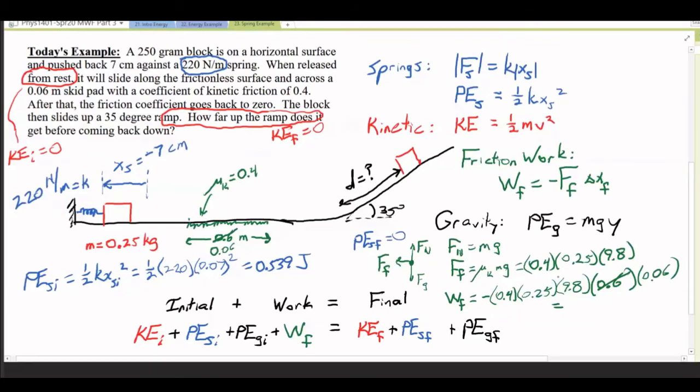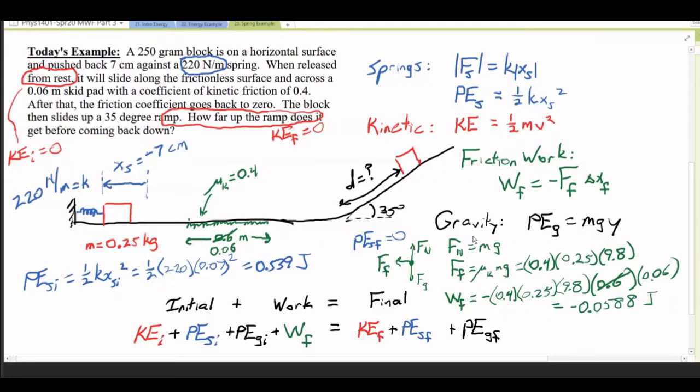Okay, so now this is minus 0.0588. So you can see the minor correction I made in my given values here. Instead of 0.6 meters, which would be a 60 centimeter skid pad, it's now only a short 6 centimeter skid pad.